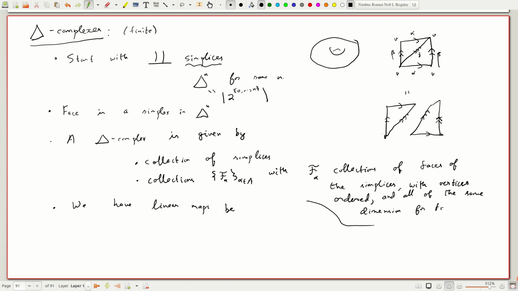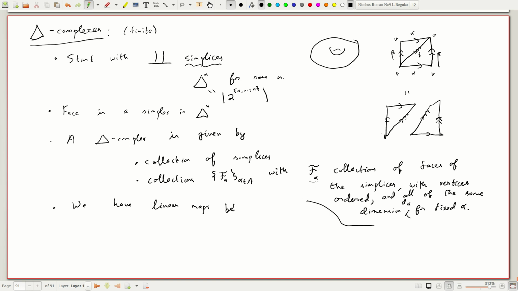For a fixed alpha, we can have some identifications between vertices, some between edges, some between triangles, etc. Many different sets of edges identified. But for any given F_alpha, we cannot identify an edge with a vertex. So for any fixed alpha, we have a specific number, d_alpha, and every element in F_alpha is a face of dimension d_alpha. Different alphas can have faces of different dimensions.